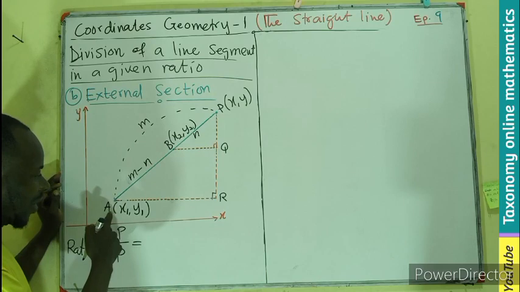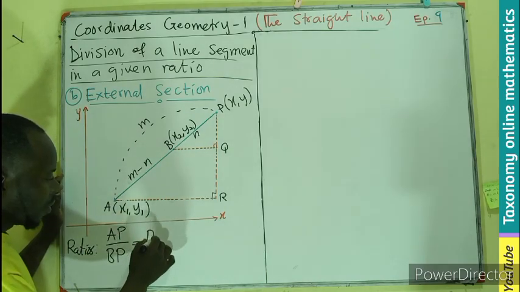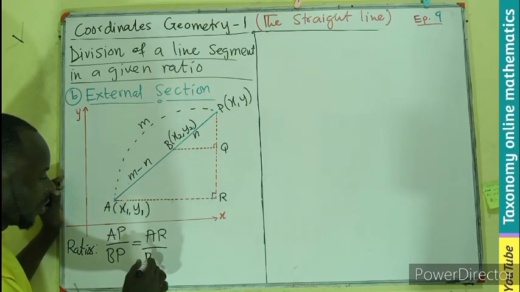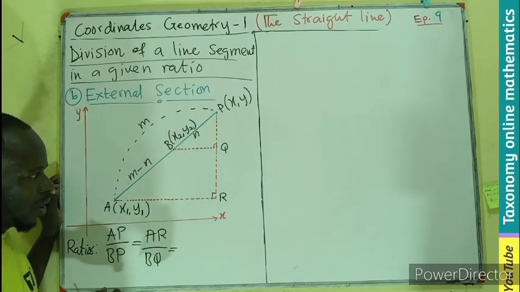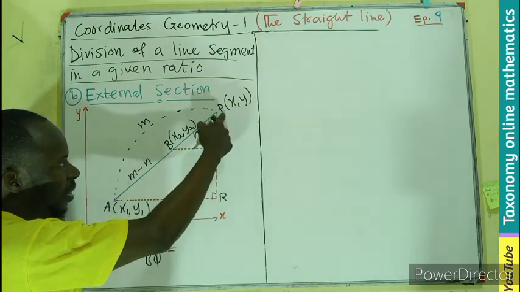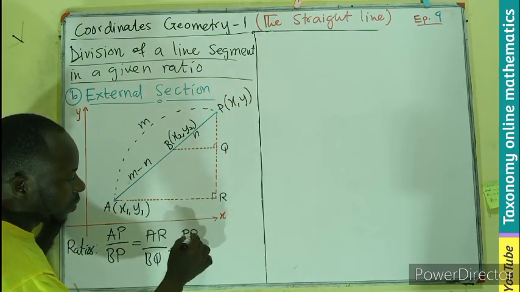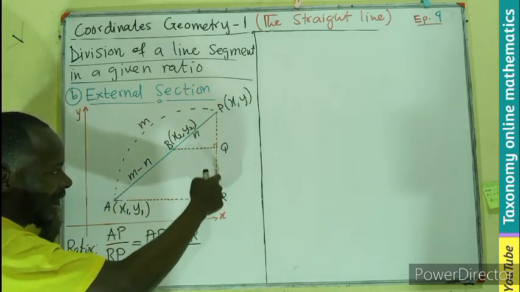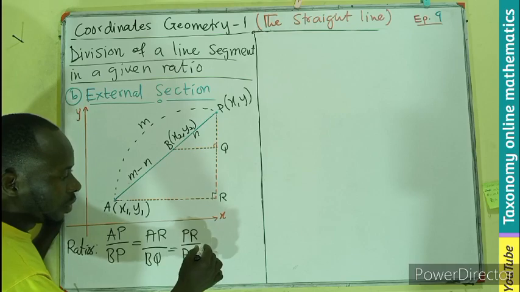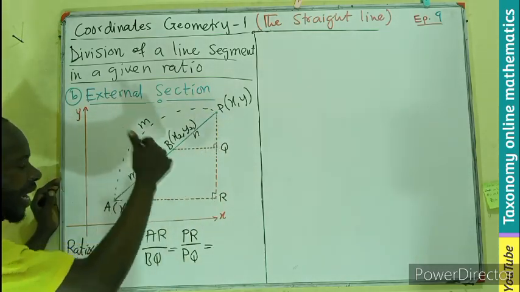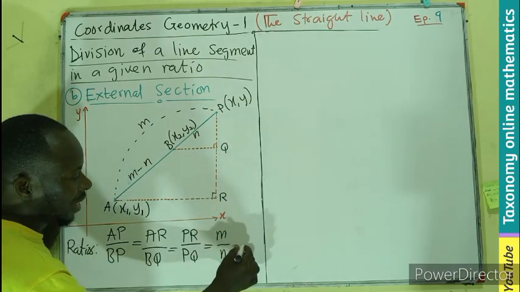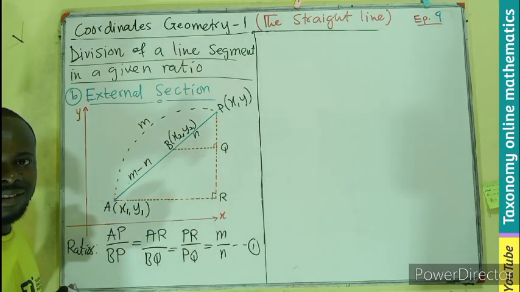It will be the same as AR divided by the shorter side BQ. That could also be the same as if I pick the vertical one, which will be PR. I am referring to the longer right angle triangle. Then the smaller one will be PQ. That will be the same as the longer side M, shorter one N. That will give rise to our first equation.